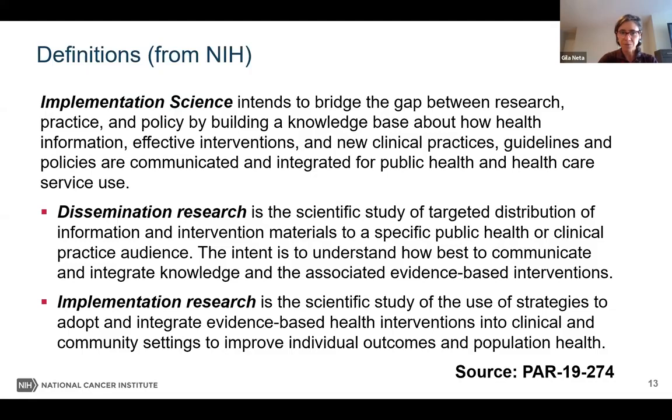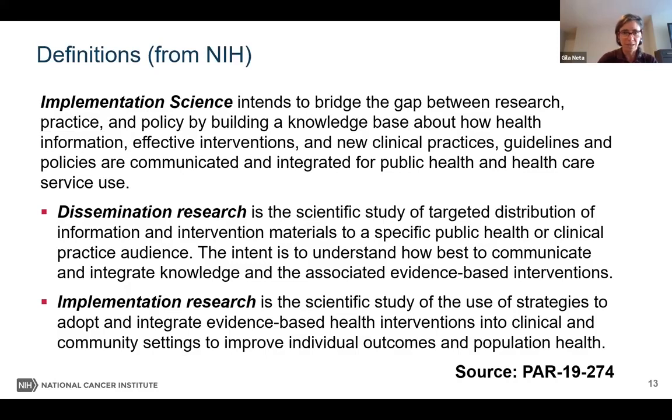So for the purposes of our funding announcements, we break it down into two different components. Dissemination research is the study of the targeted distribution of information and how best to spread or sustain knowledge and evidence, whereas implementation research is focused on what strategies can best facilitate the adoption and integration of that evidence into a given practice.